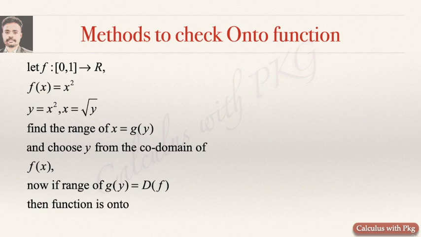Remember, here I have chosen y equal to x square. Now when we write x equal to square root of y, it should be plus minus square root of y. But here, as I have already defined that my domain is from 0 to 1, the value of x is positive. So we will choose only x equal to positive square root of y.